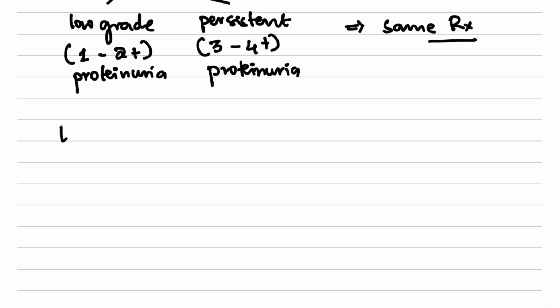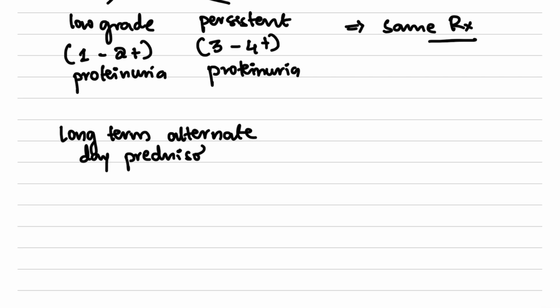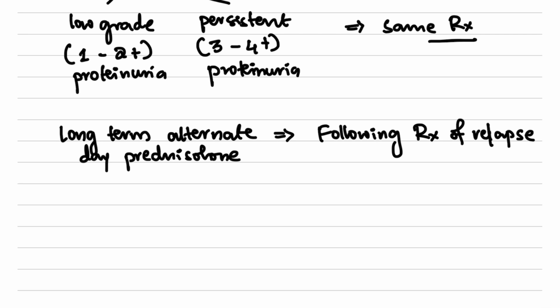That is long-term alternate day prednisolone. This is following the treatment of relapse. So the child had a relapse, you have admitted him, you had given him prednisolone every day for 6 weeks with 60 mg.